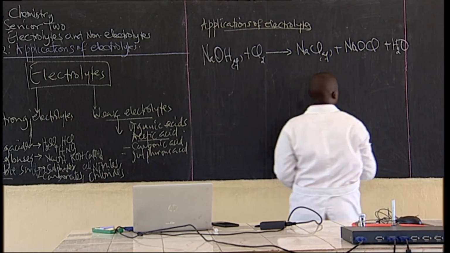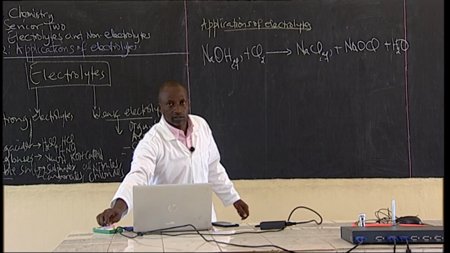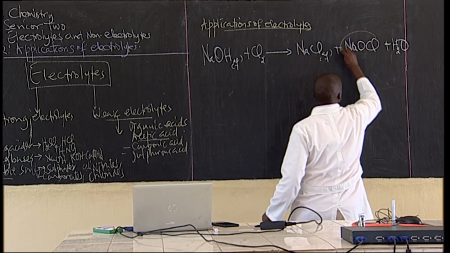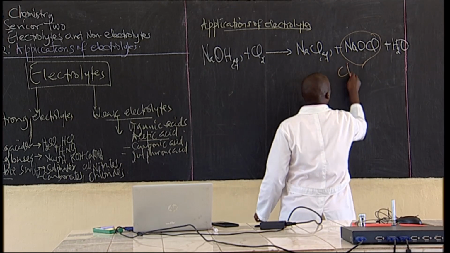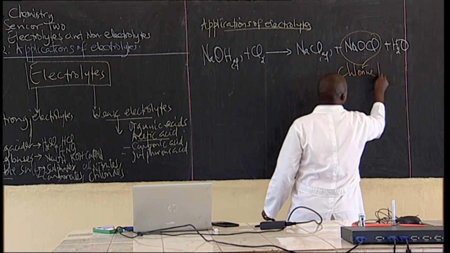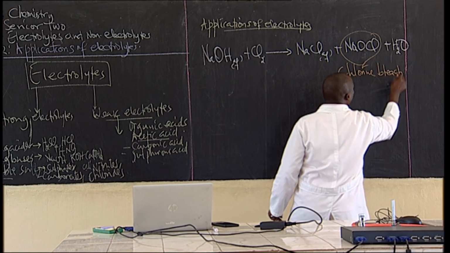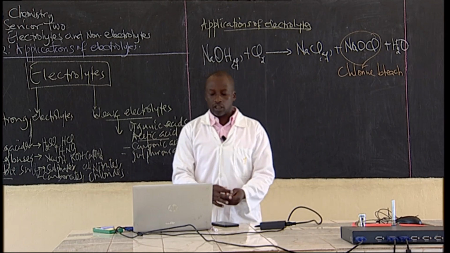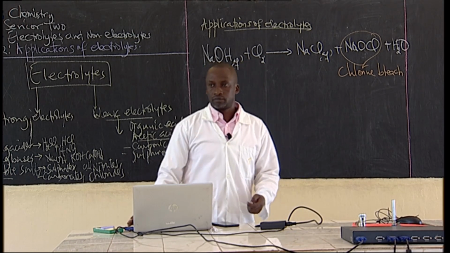This is the one that we call chlorine bleach. This is the bleaching agent here, and chlorine bleach is used in removing colors.